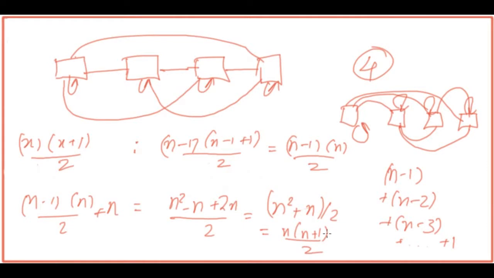So this is the maximum number of connections you can have. Beyond this you cannot connect any, there is no possibility, because it was mentioned that between any two computers there can be only one connection, right? So based on that I derived this formula.